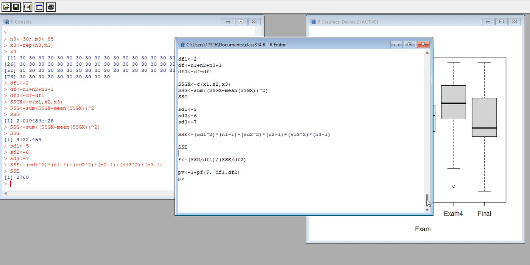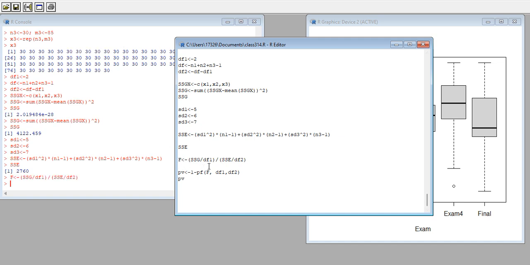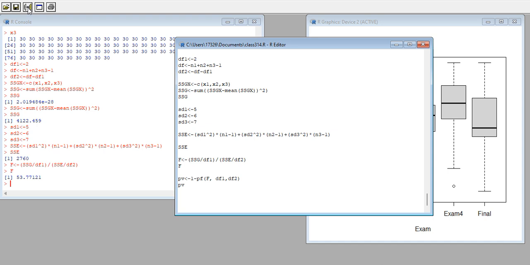So then the F value. Maybe we also can check what the F value is. Okay. Oh, this F value, let's say SSE, df2. Maybe we have some trouble. I forgot n1 minus 1.